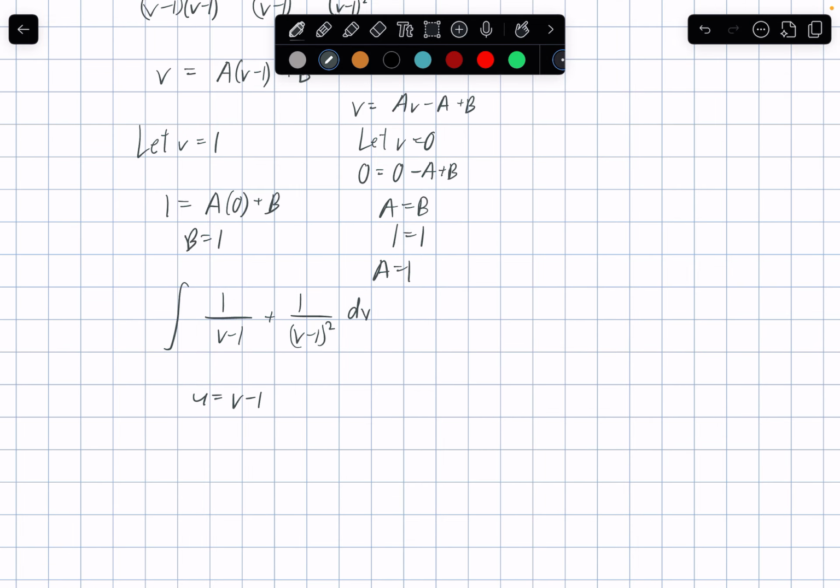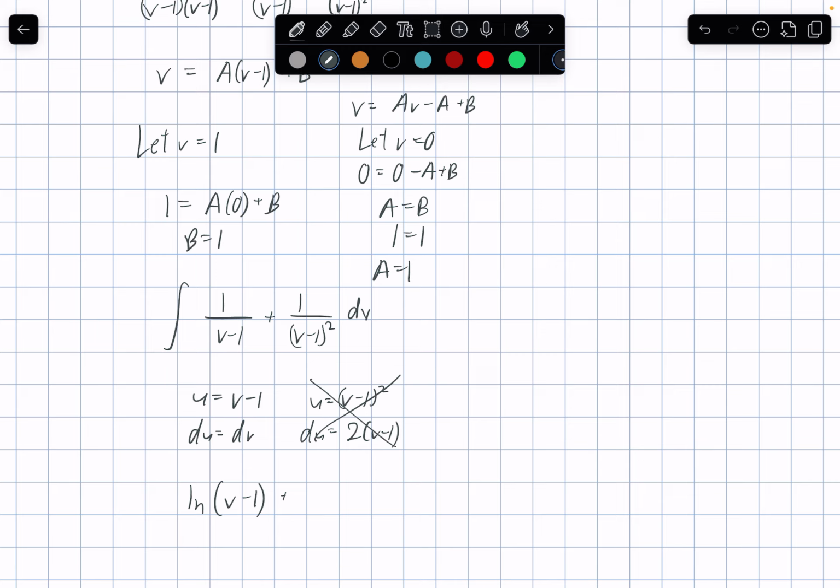So u is equal to v minus 1, du therefore is equal to dv. So du over u, ln u being v minus 1, plus, what's this? V minus 1 raised to 2 du is equal to 2v minus 1. No, that's not possible.